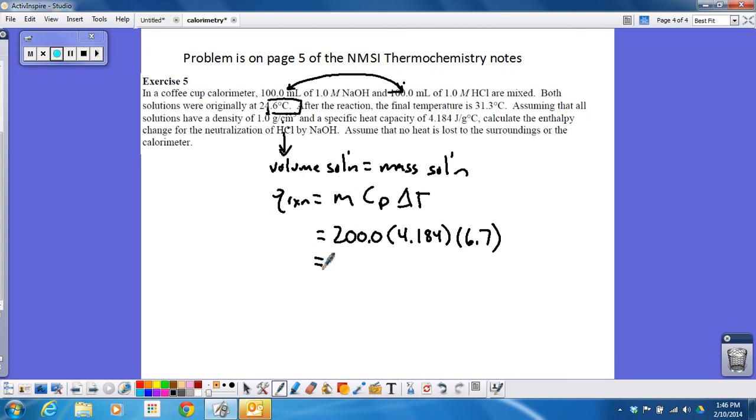So to calculate the Q for the reaction, you simply multiply those three numbers together, and you get 5,600 joules to two significant figures, because in that subtraction there are only two significant figures, which would be the same thing as 5.6 kilojoules. That's the Q for the reaction. Now, since this Q is positive, that means that delta H for the neutralization reaction is negative 5.6 kilojoules.